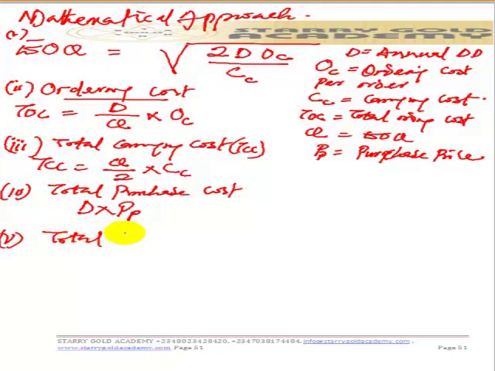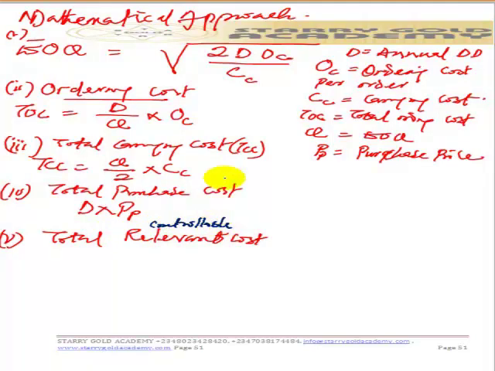Okay, I'll give another one. Total relevant cost. Sometimes they call it the total controllable cost.